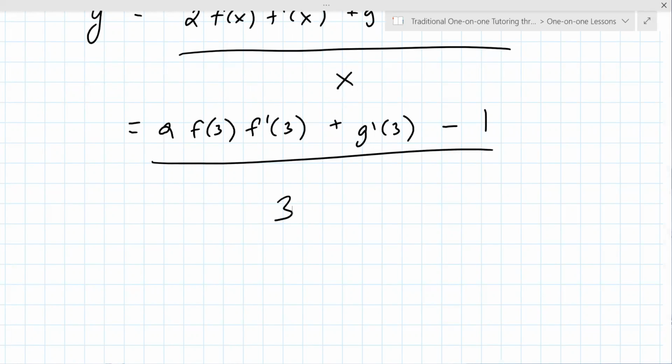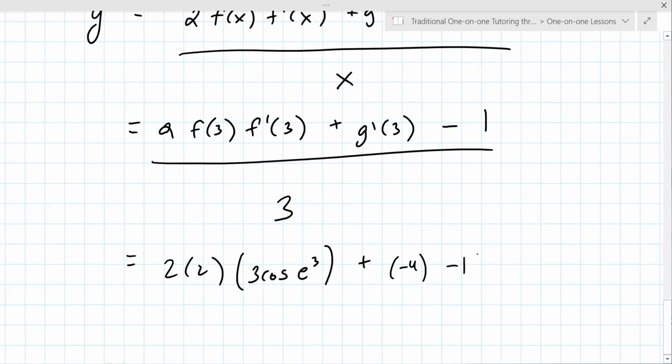That's where the table comes in again. f of 3 is 2. So this is 2 times 2, f prime of 3, if you remember, was 3 cosine e cubed. And g prime of 3 comes from the table. That was minus 4, minus 1, all over 3. And then you just plug that into the calculator. Yes. Okay.